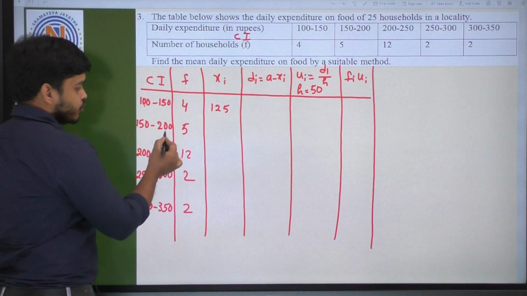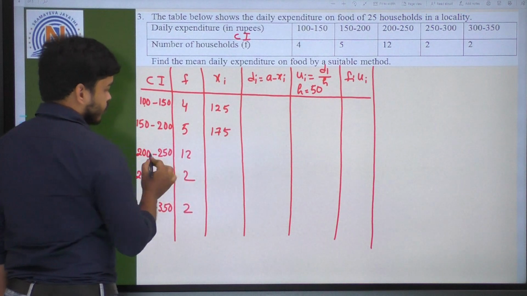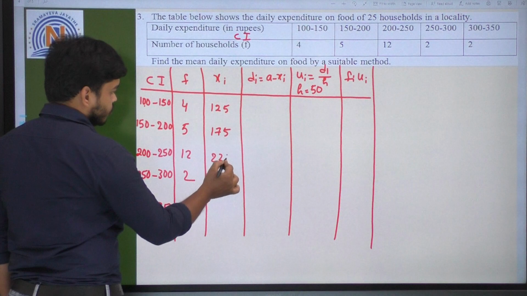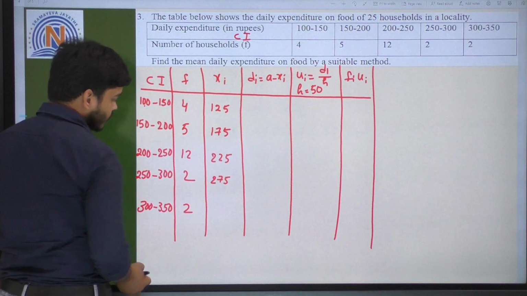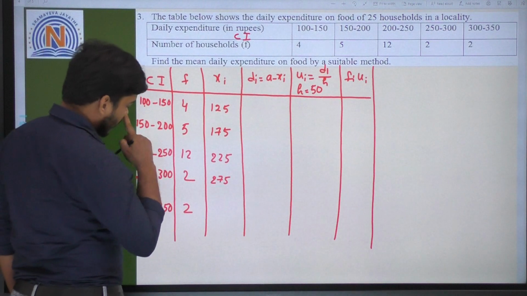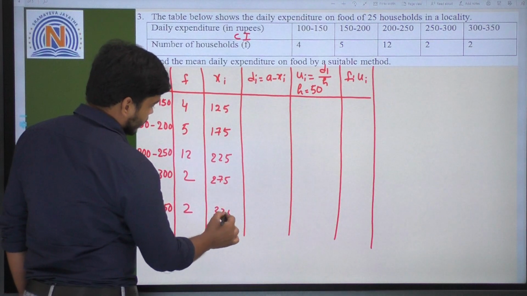Here 150 plus 200 by 2 is 175, the mid value of 200 to 250 is 225, then 275, and 300 to 350 is 325.